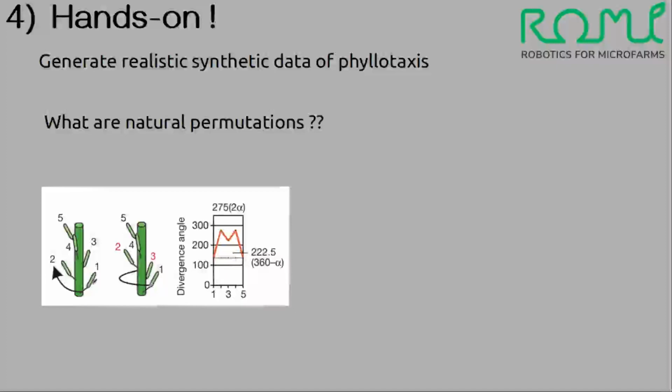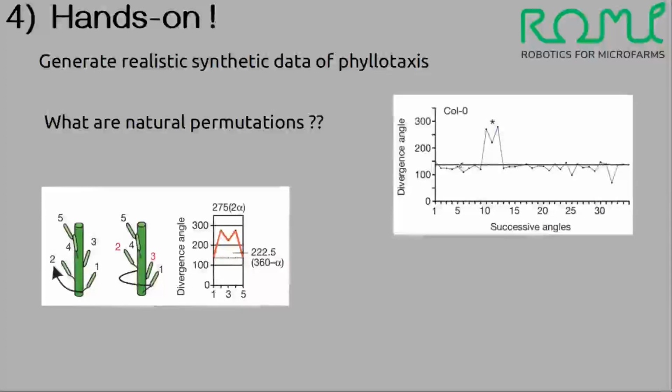And then if each organ is separated by an angle of 137 degrees, this permutation in the order along the stem will create a typical M-shaped motif. And for example, here I plot a real measurement of a real Arabidopsis plant, and you can see typical M-shaped motifs in the sequences of the plant.